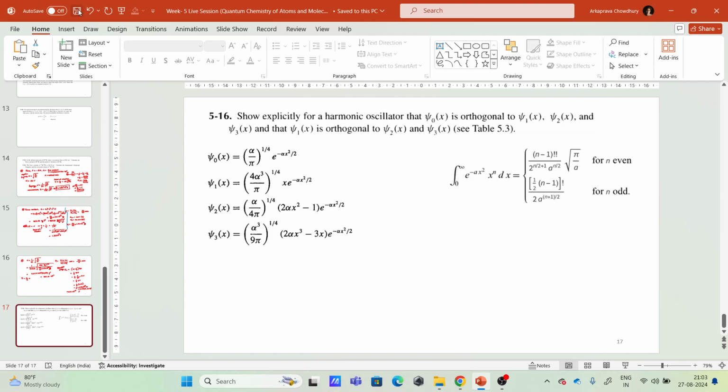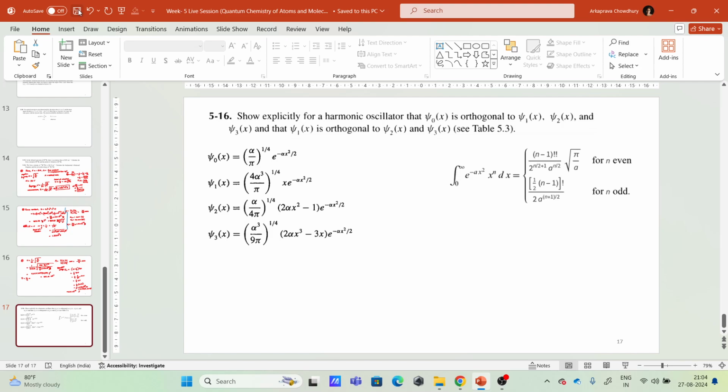You need to multiply the functions and check whether the integration gives 0 or 1. Depending on that, it will be orthogonal or normal, right? The standard integral is solved on the right hand side, and that formula is given for your benefit, so you can use that.